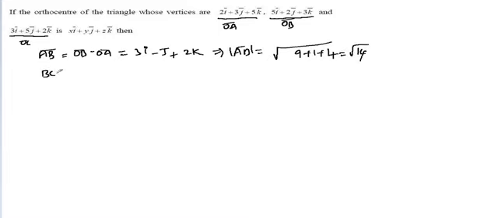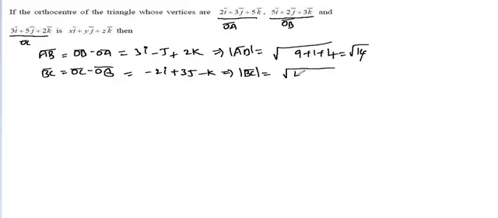And BC bar is equal to OC bar minus OB bar. OC bar is 3i minus 5i, that is minus 2i, 5j minus 2j, that is 3j, 2k minus 3k, that is minus k. Modulus of BC bar is equal to under root of 4 plus 9 plus 1, that is equal to root 14.